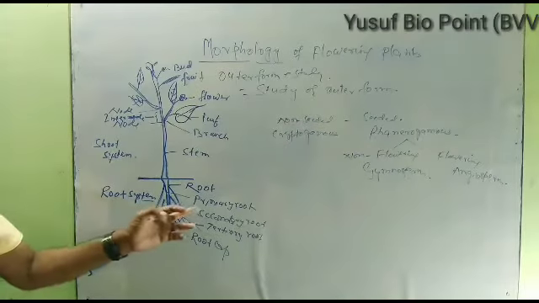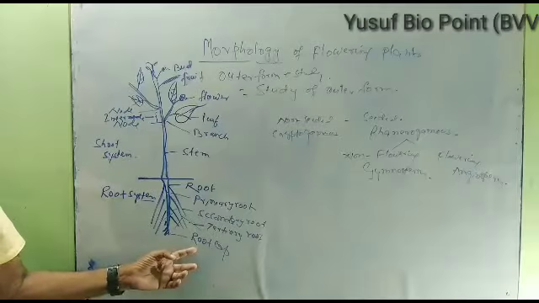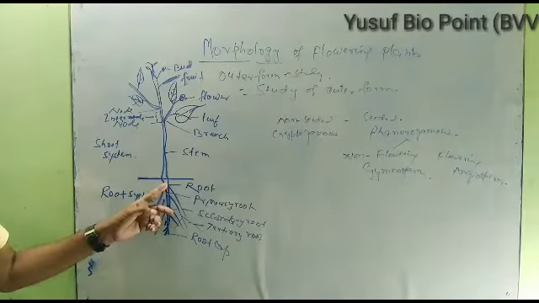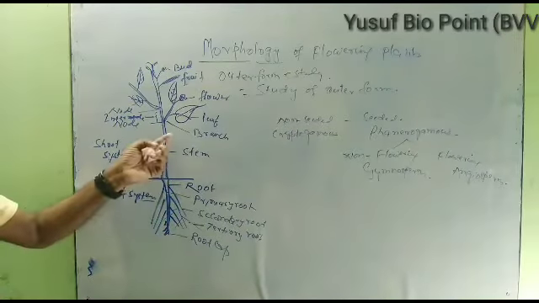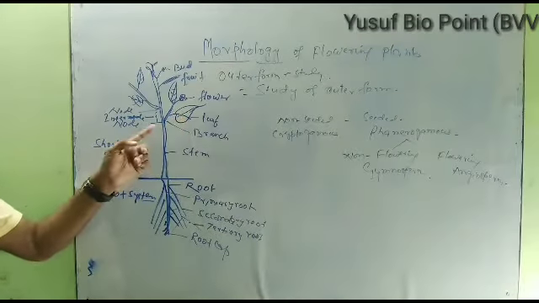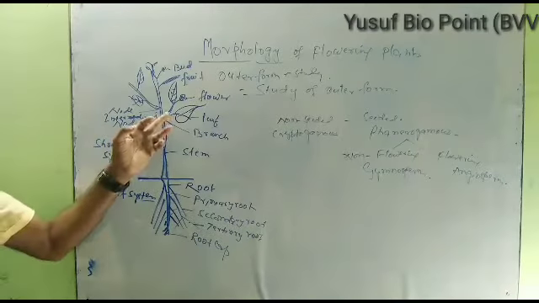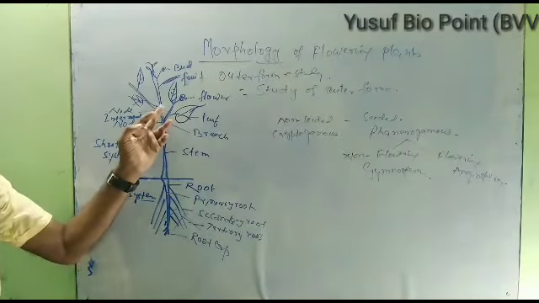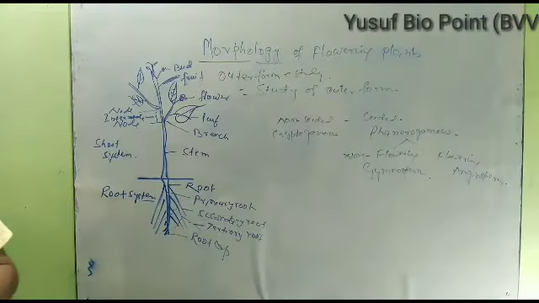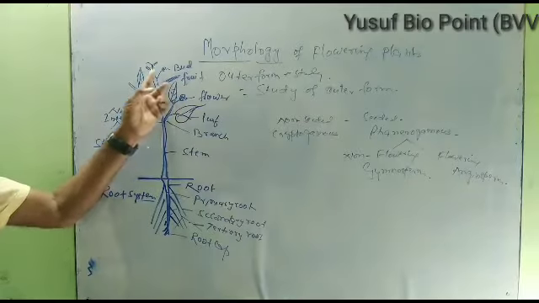The root system contains the primary, secondary, tertiary roots and the final root caps. This is also known as the taproot. The stem contains branches, leaves, nodes and internodes, buds, and fruit.